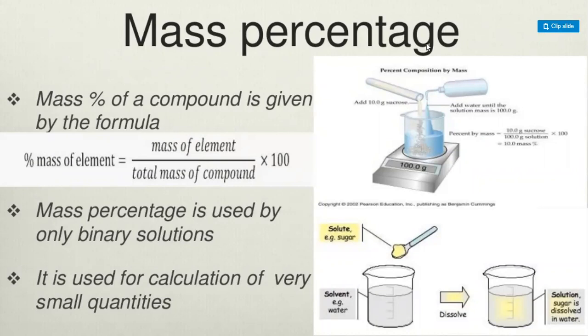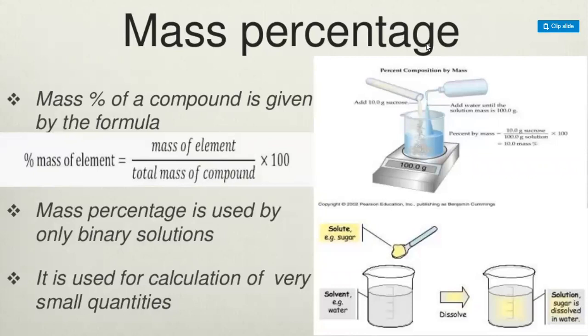For example, if I am adding 10 grams of sucrose, that is sugar, to 100 grams of water, what is the mass percentage? That is 10 grams of sucrose upon 100 grams of solution, times 100, which is 10.0 mass percent.